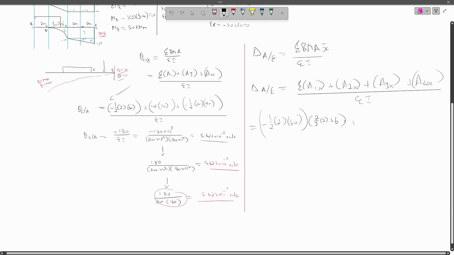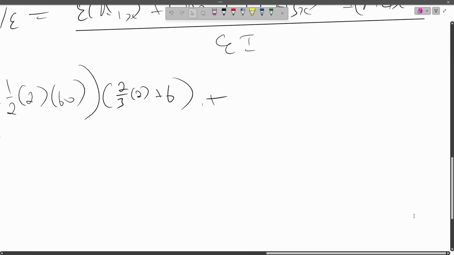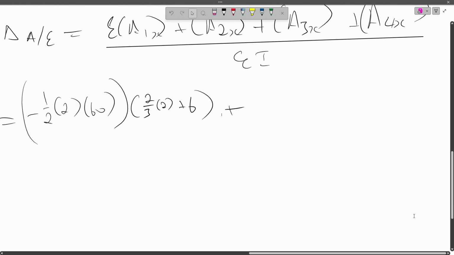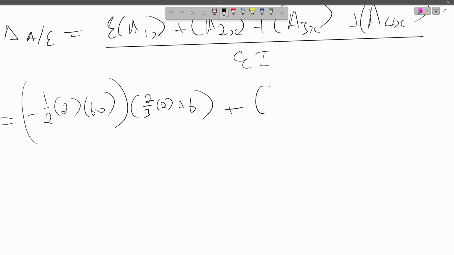Plus our second area, which is 1 over 3.